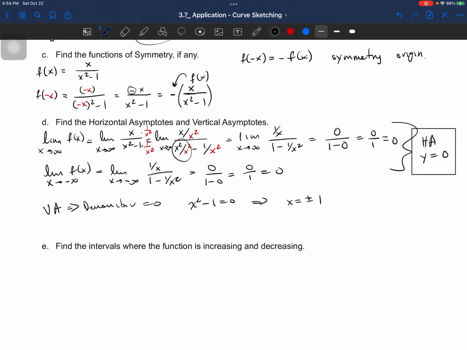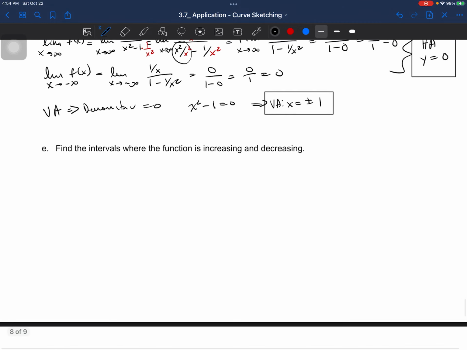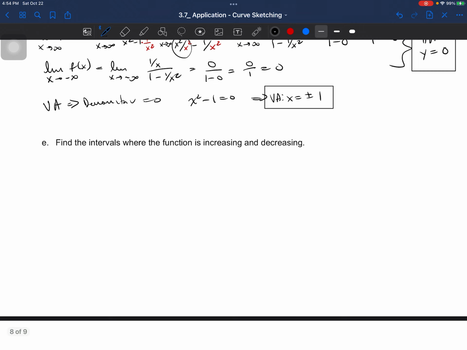Up here, we have found when the denominator is 0. So we already know that x is going to be plus or minus 1. So the vertical asymptotes will be plus or minus 1. All right, so let's keep those in mind. We have a vertical asymptote, we have a horizontal asymptote.